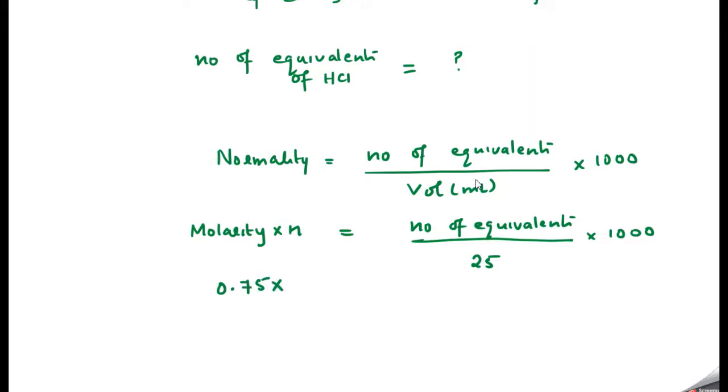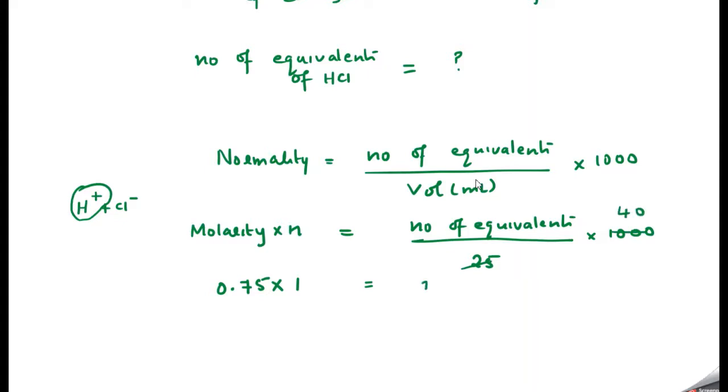And what is the n factor or valency factor? Now we know that HCl is an acid, so this will give only 1 H plus. So the valency factor I can give as 1. That means normality and molarity are 1 to 1 same. So let's cancel this. So this will become 40.